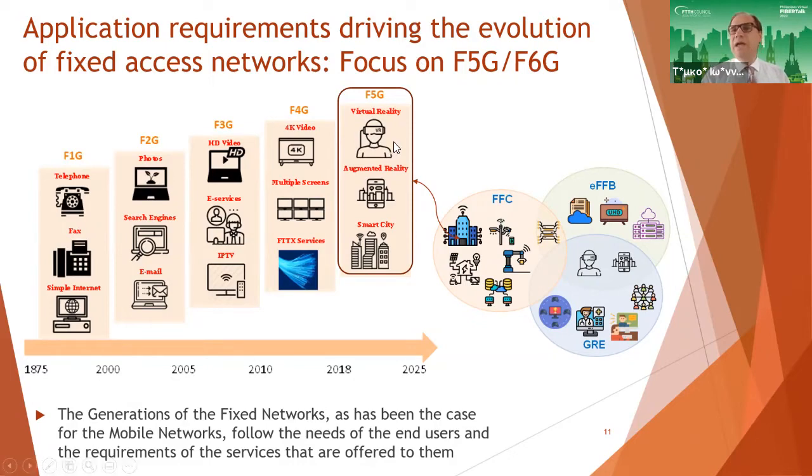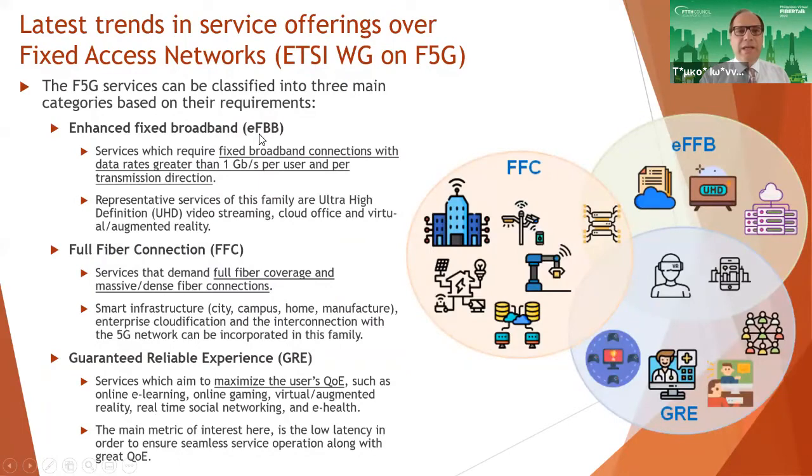But currently, as I said before, we're moving to an even newer generation of services like virtual reality, augmented reality, and all this at home and in our cities. So essentially, with the new fiber technologies and the optical communication technologies that are used to transmit the information over the fibers, we can get even newer services.